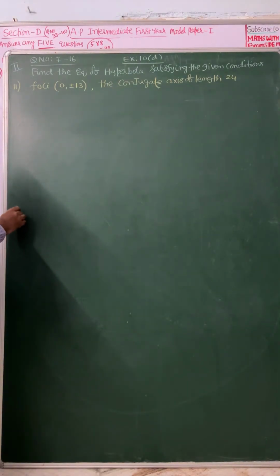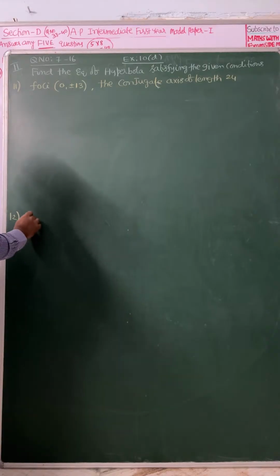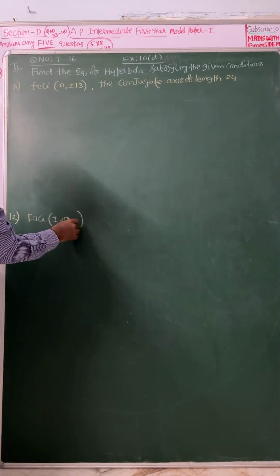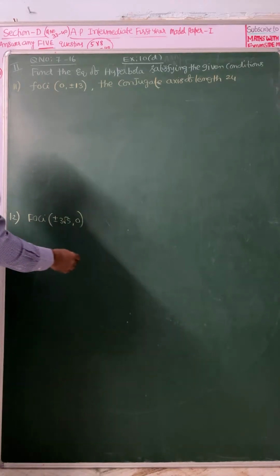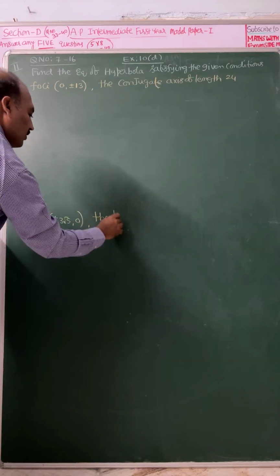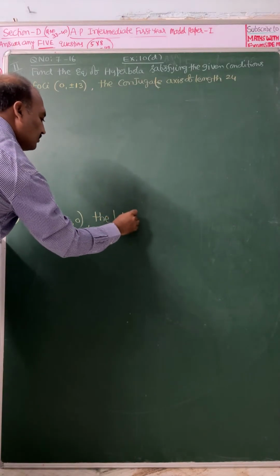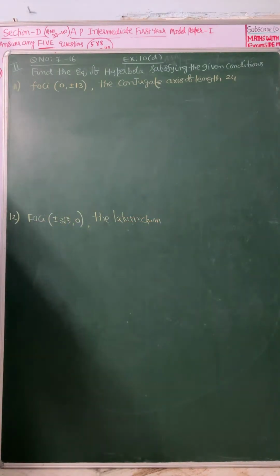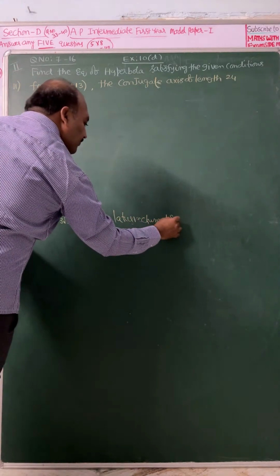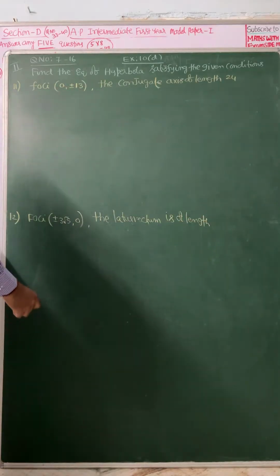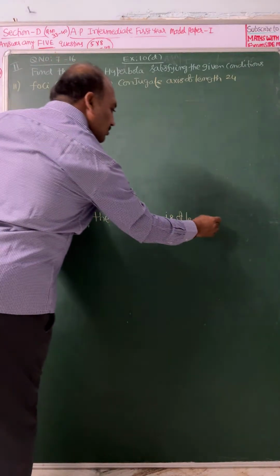Question number 12. Foci plus or minus 3 root 5 comma 0, the latus rectum is of length 8.